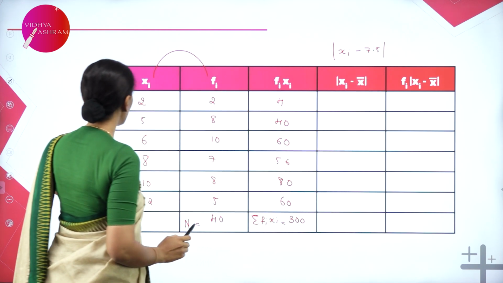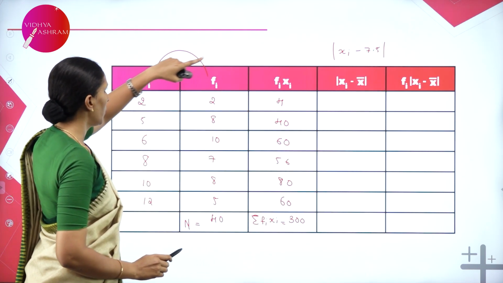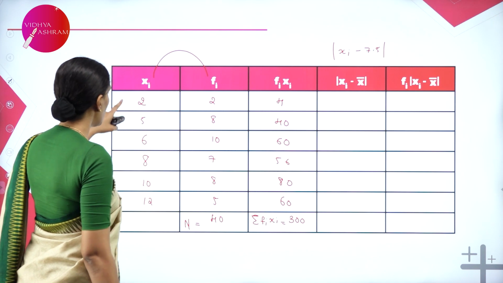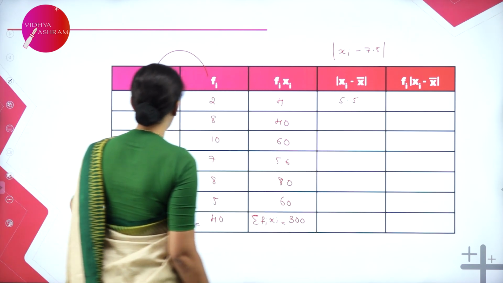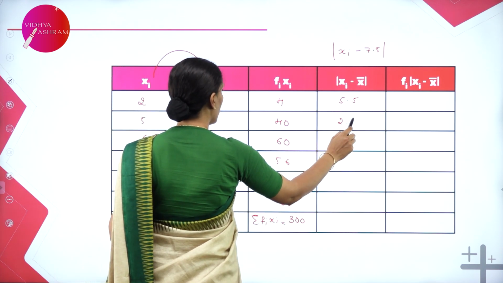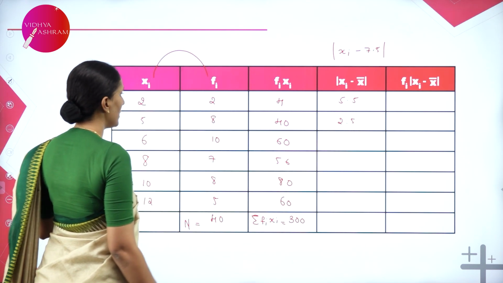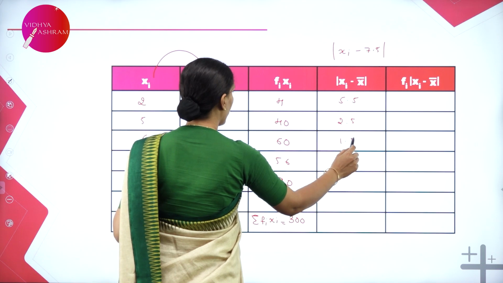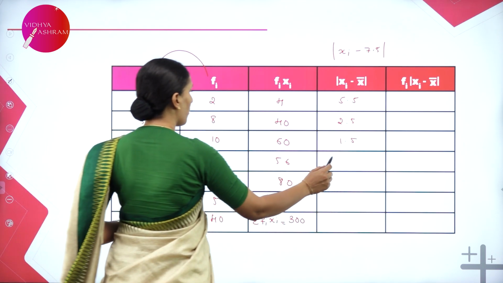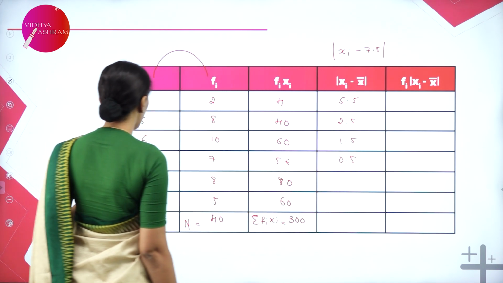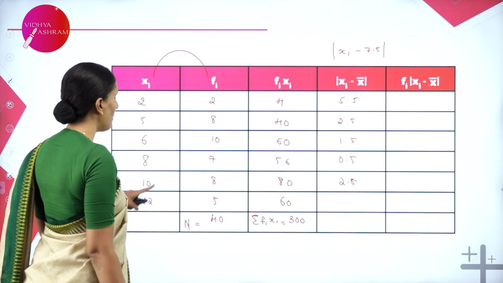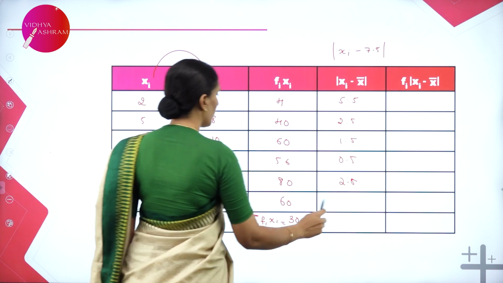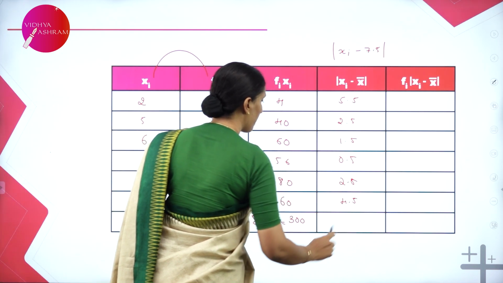That means I need to subtract 7.5 from all the observations. So, 2 minus 7.5 is 5.5, 5 minus 7.5 is 2.5, 6 minus 7.5 is 1.5, 8 minus 7.5 is 0.5, 10 minus 7.5 is 2.5, 12 minus 7.5 is 4.5.